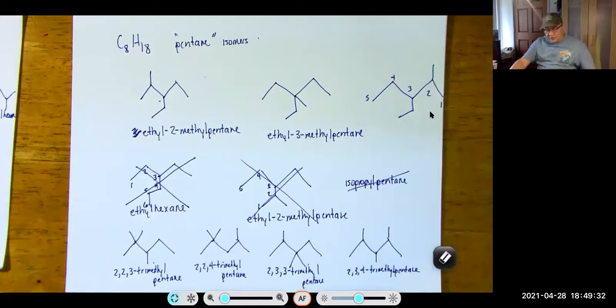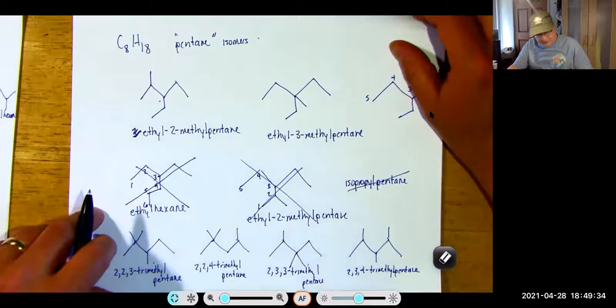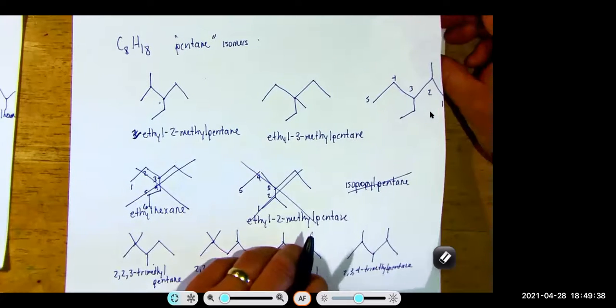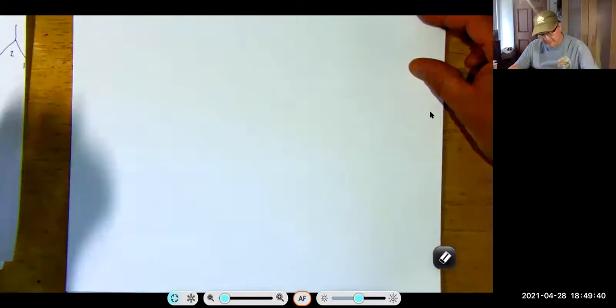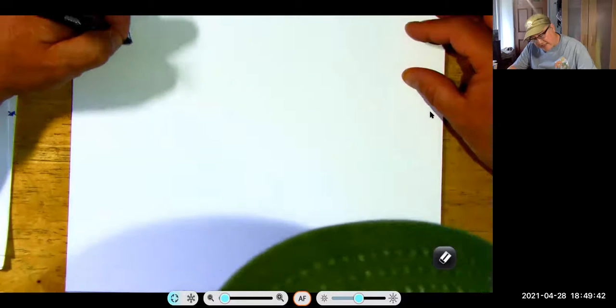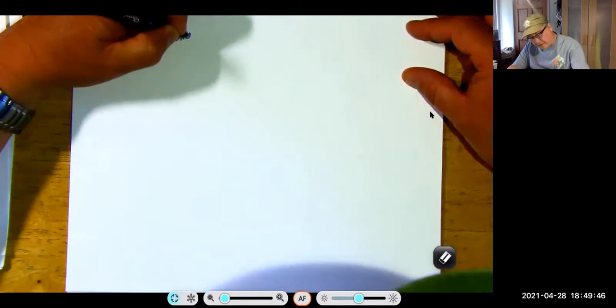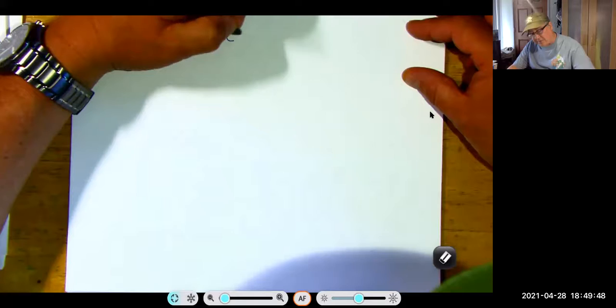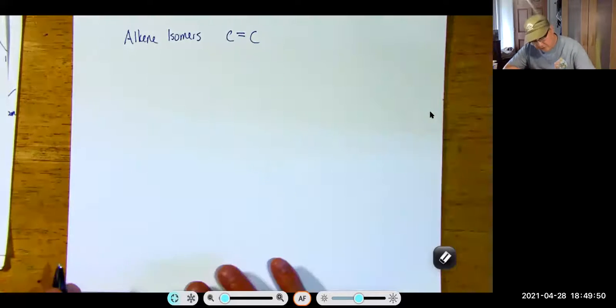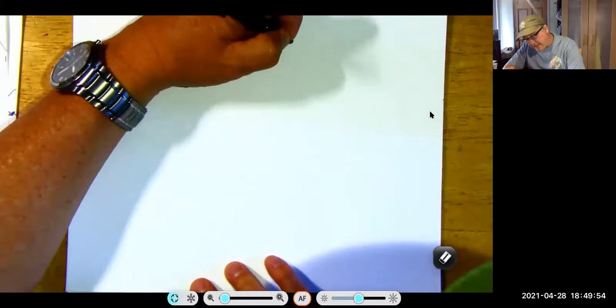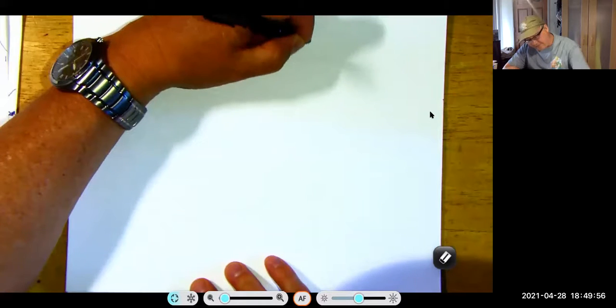Let's move on to other types of isomers. So let's look at alkene isomers. Now for an alkene, you have to have a carbon-carbon double bond. And the formula for alkenes is CnH2n.